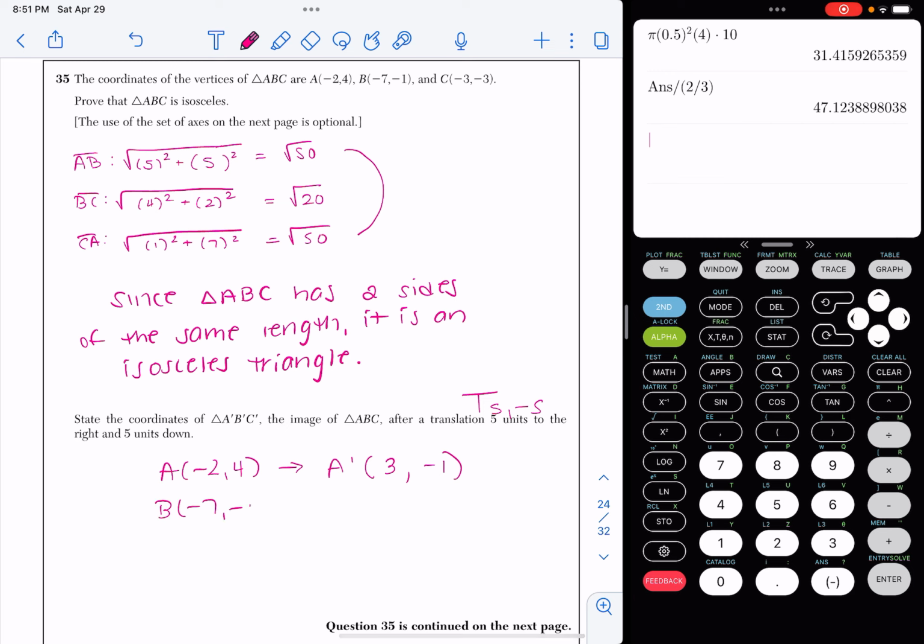I'm going to repeat that same process for B and C. B prime is going to become -2, -6, and C prime is going to become 2, -8. If you wanted to do this question graphically, by the way, you can look at the picture we had before and just count the boxes to move each point 5 to the right and 5 down.